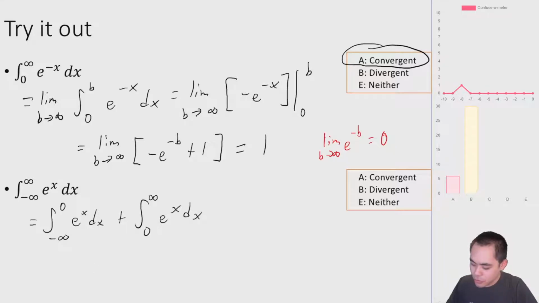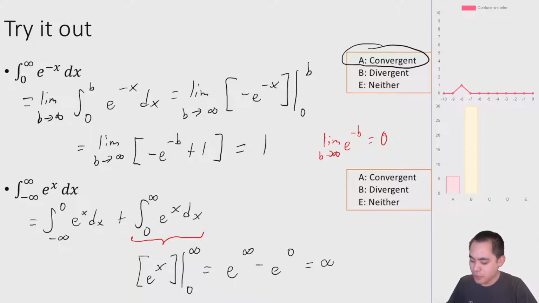So instead, I'm just going to abuse notation a little bit and say that this is equal to e to the x from 0 to infinity, because the integral of e to the x is just e to the x. So that is equal to e to the infinity minus e to the 0, which is equal to, well, infinity minus 1. And what's infinity minus 1? That is infinity. So yes, you guys are correct. So this is divergent.